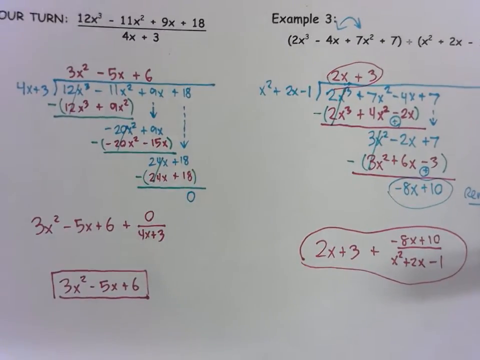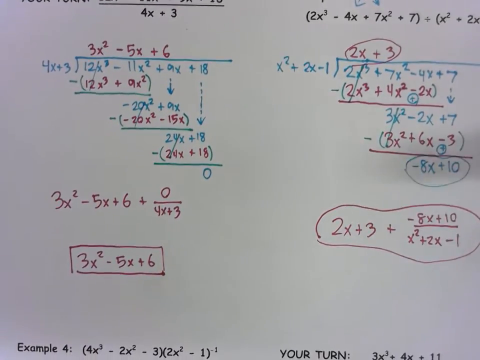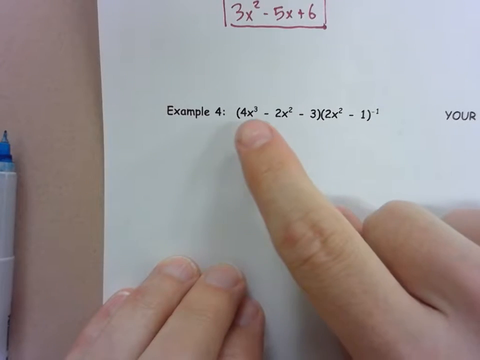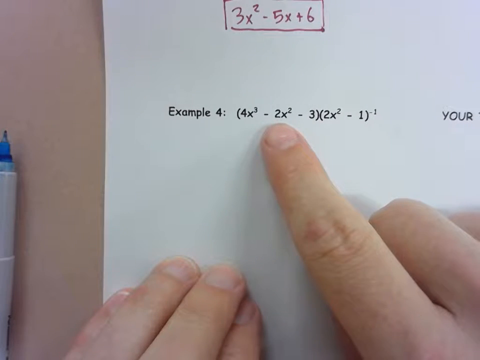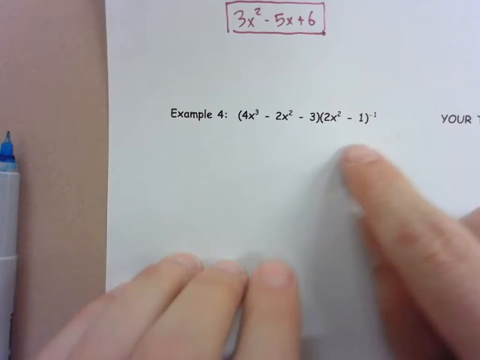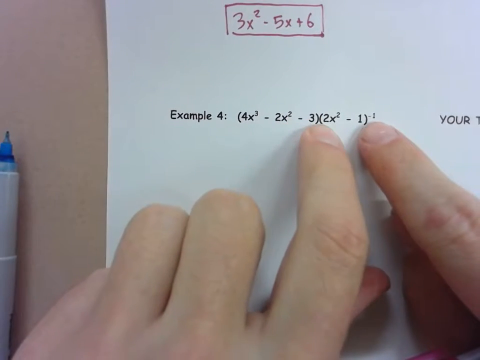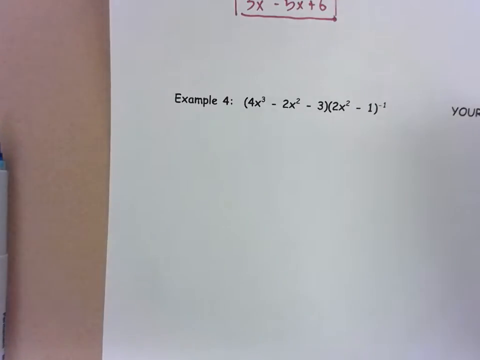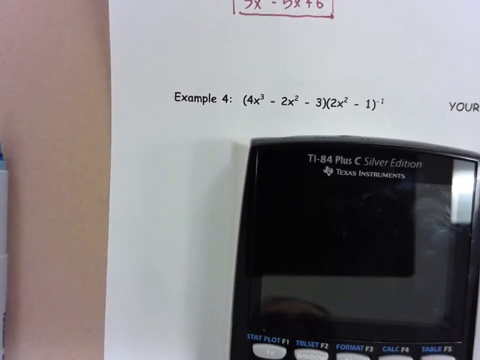Now let's take a look at example 4. On example 4, we have 4x cubed minus 2x squared minus 3. And it doesn't have division, but it does have an expression raised to the negative 1 power. And negative first power is the same thing as 1 over that.